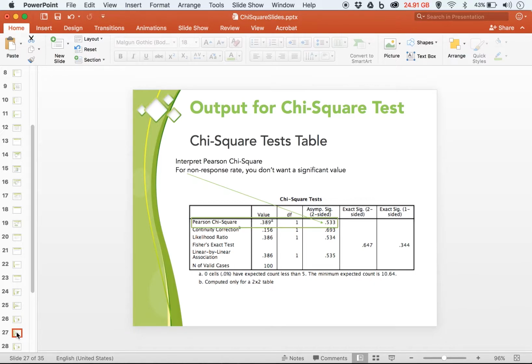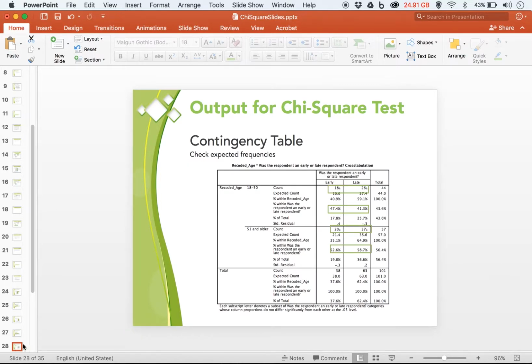So we do not have a significant value, which is good in this situation. Then lastly, we looked at their age. And if you look at this, we'll see our count. It certainly meets the criteria also of the 5 counts per category. And we just had our age as 18 to 50 and then 51 and older.